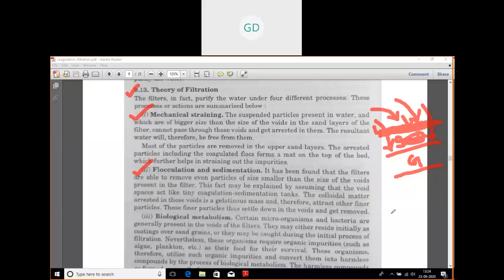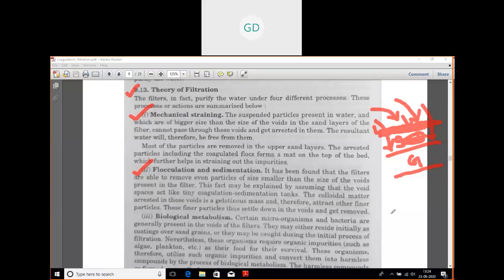They are gelatinous, somewhat sticky. When they penetrate through the soil, they will attract the fine particles beside them. After that, the same procedure as coagulation happens.